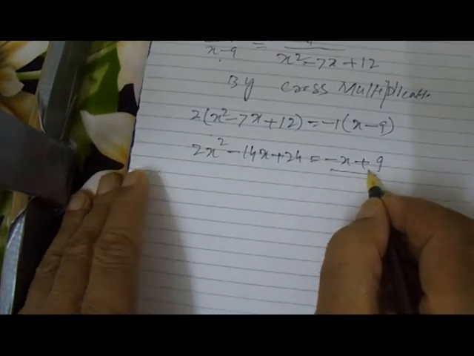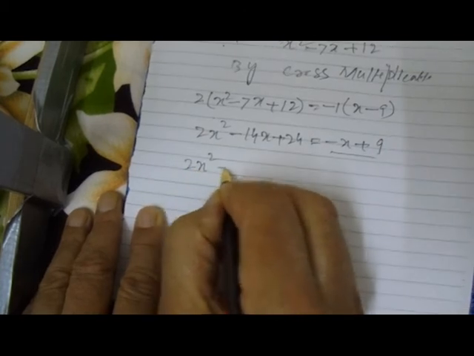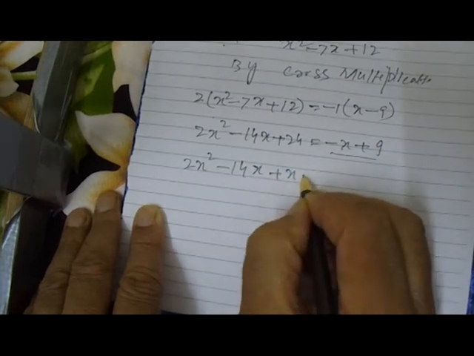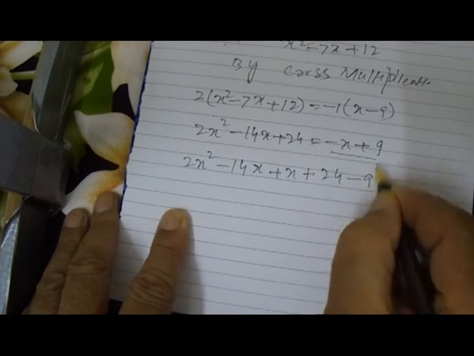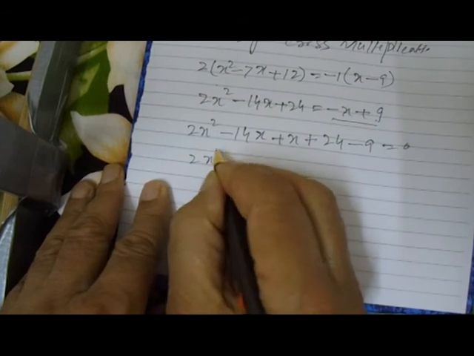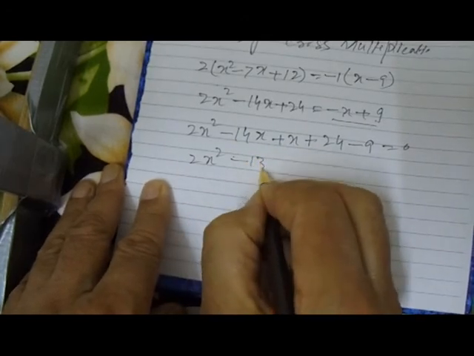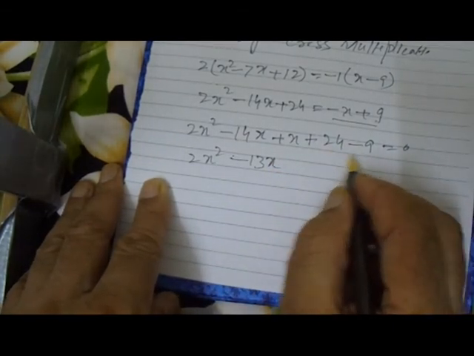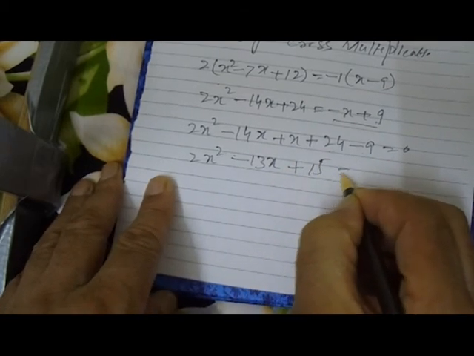We take all these on the left side: 2x square minus 14x and minus x and plus 24 and minus 9 is equal to 0. Now 2x square, minus 14 minus 1 is minus 13x, and here also plus 24 and minus 9 we write plus 15, this 15 is equal to 0.